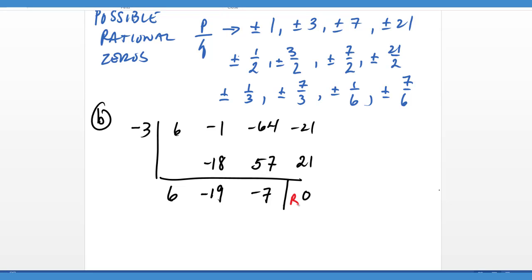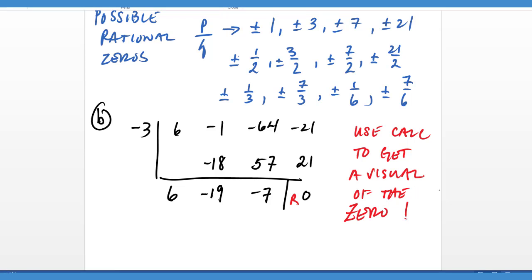We kind of knew that was coming because we had a good eyeball on that. So you can see that we can use the calculator to get a visual. Make sure you use that very well.